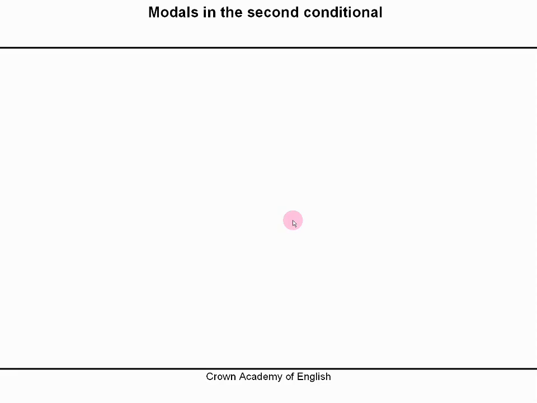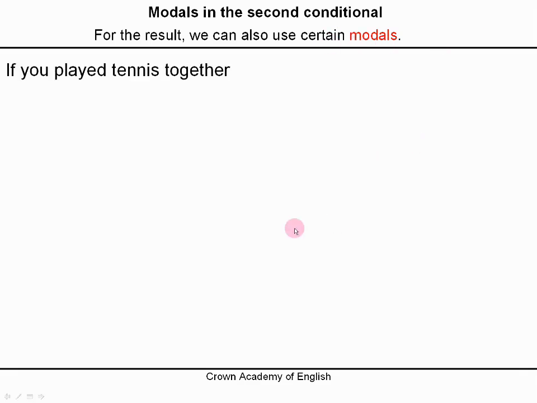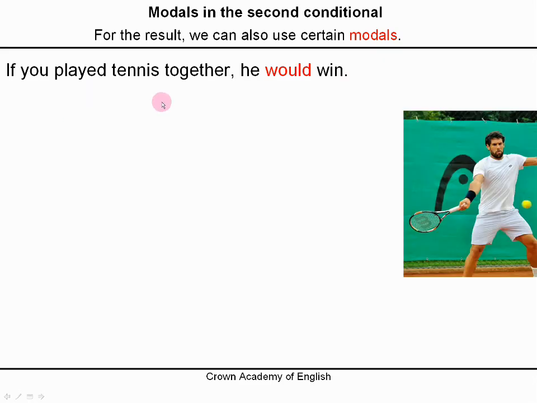Finally, let's look at some modals in the second conditional. So we can use certain modals. If you played tennis together, he would win. So this is the first example, and we have already seen this structure. Would is also a modal. And so this sentence, it means, well, first of all, it is an unreal situation.